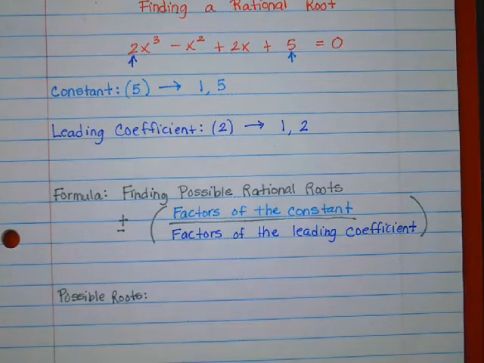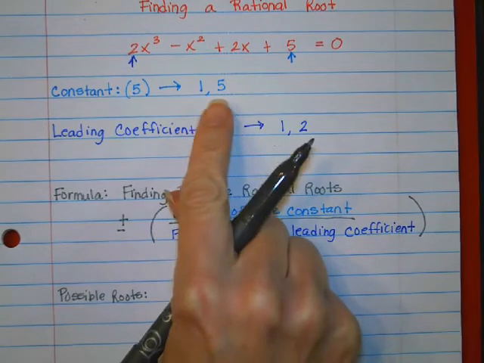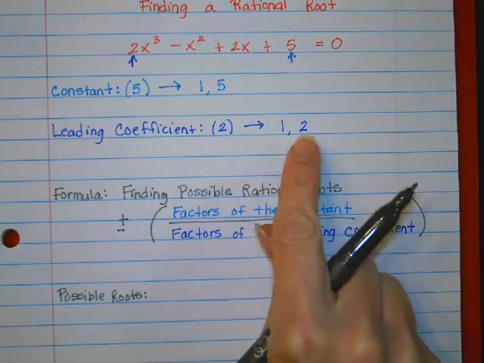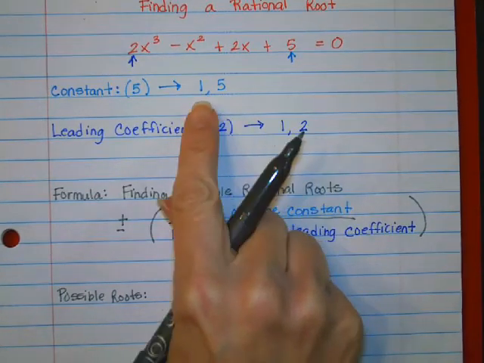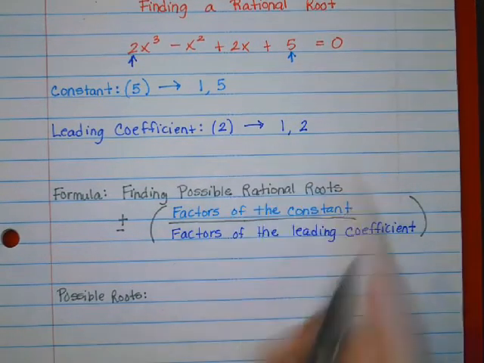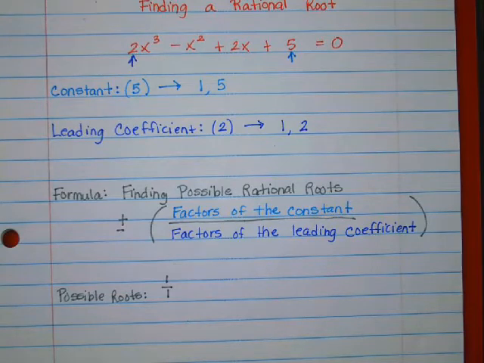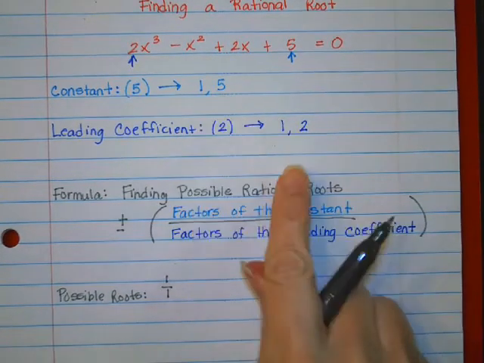All right, start it out. We're going to take each individual factor from the constant and divide it by each individual factor of the leading coefficient. So my first factor of my constant is 1, and I want to divide it by 1. So 1 divided by 1. Then I'm going to take the second factor of the constant, which is 5, and divide it by 1.